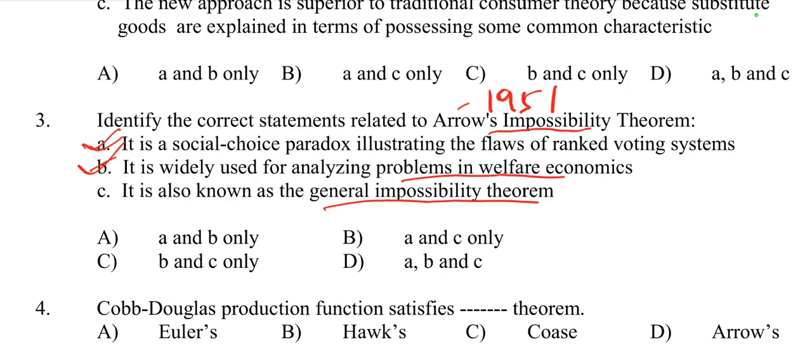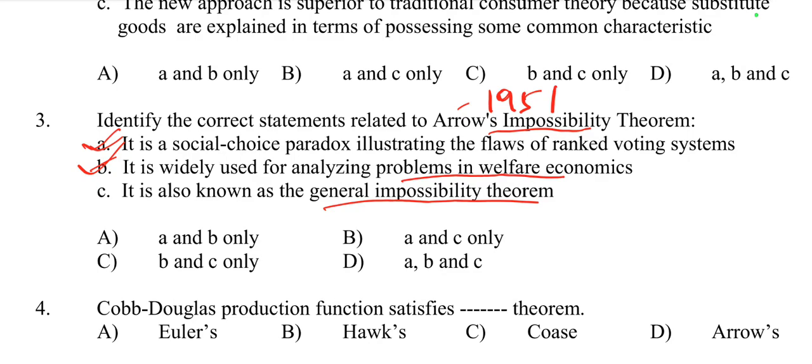The theorem states that when voters have 3 or more distinct alternatives, it is impossible to design a ranked voting system that satisfies all of the following four fairness criteria simultaneously. The criteria are unrestricted domain, non-dictatorship, Pareto efficiency, and independence of irrelevant alternatives.